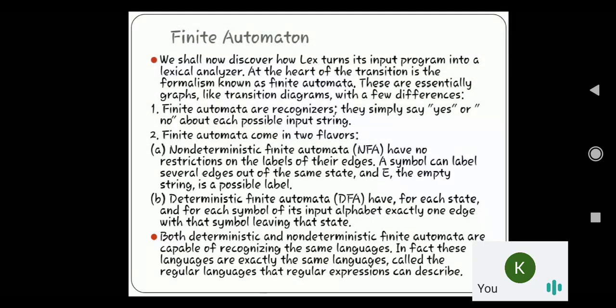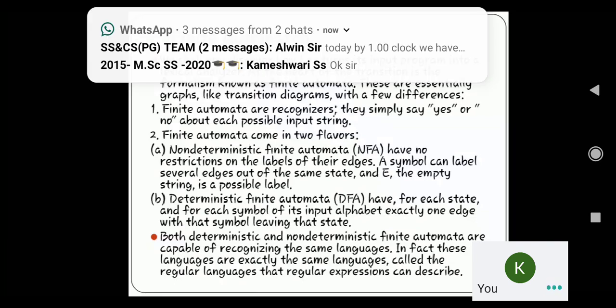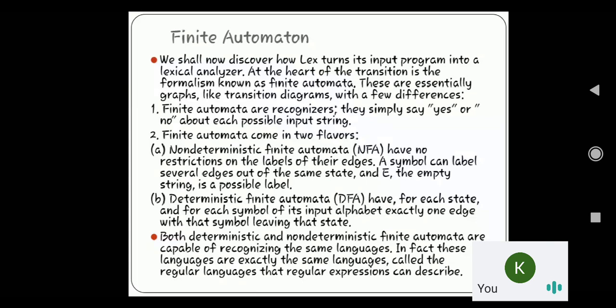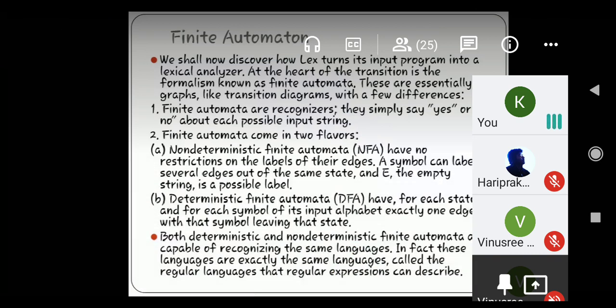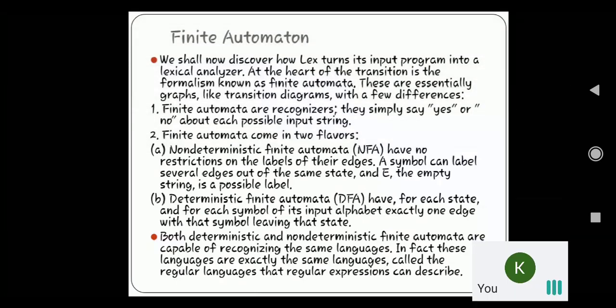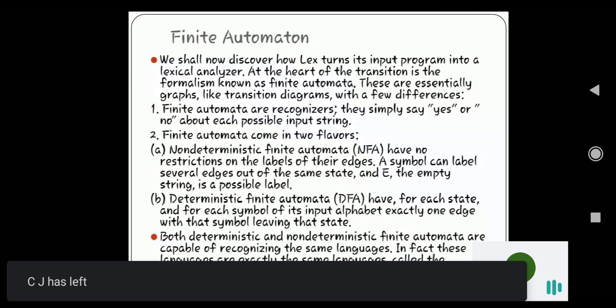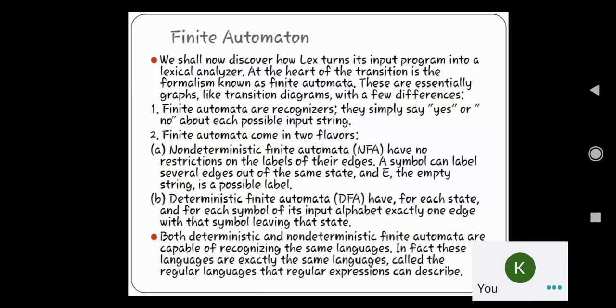And why do we need two flavors? With just one flavor we could work on these recognizing problems. Why do we need two types of flavors over here? Actually, the first thing that we need here is NFA. Using NFA only, you would be able to derive DFA. And using DFA only, you would be able to derive a program, that program which acts like a recognizer for us.